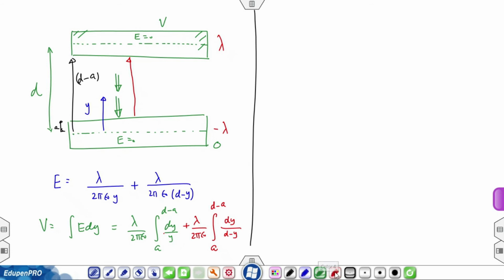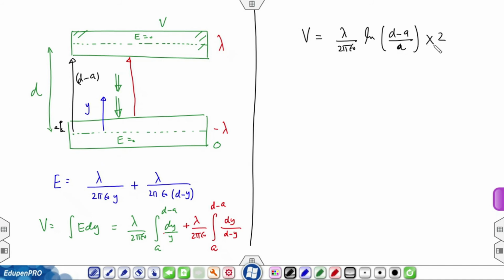You do the integration and the answer comes out to be that V is equal to lambda over 2 pi epsilon 0 log of (d minus a) over a, times 2.